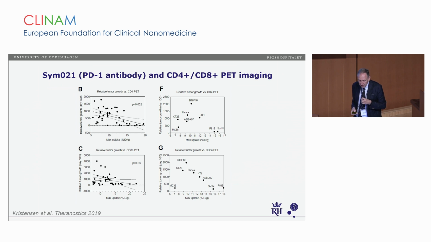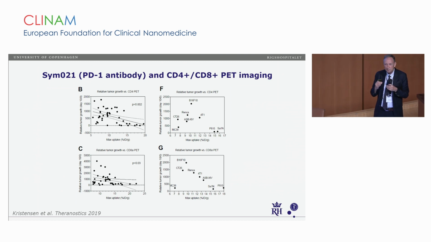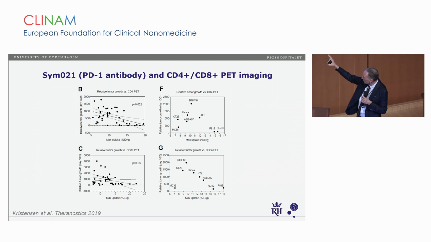And did this work? These are a collection of many different tumors that have different degrees of how hot they are. So what you see, I would just ask you to look at the G panel. What you basically see on the x-axis is the max uptake. So the higher number, the more CD8 or CD4, and the more T cell infiltration, so the hotter the tumors.